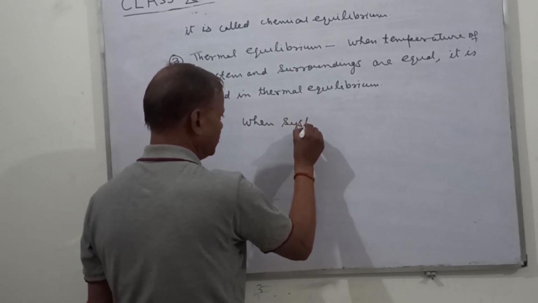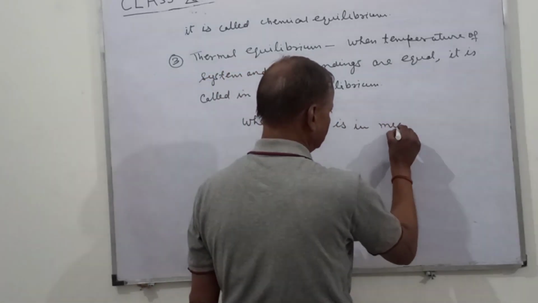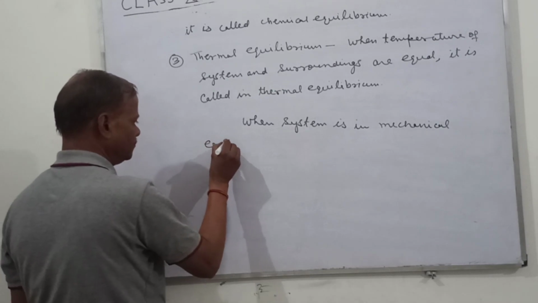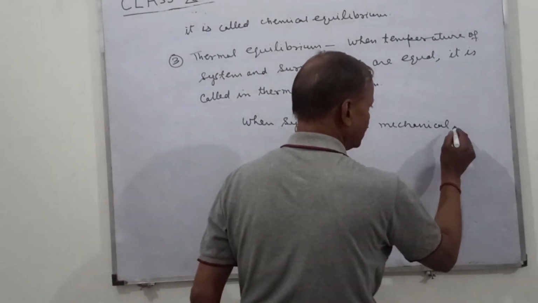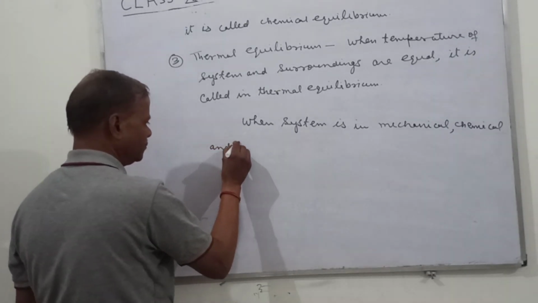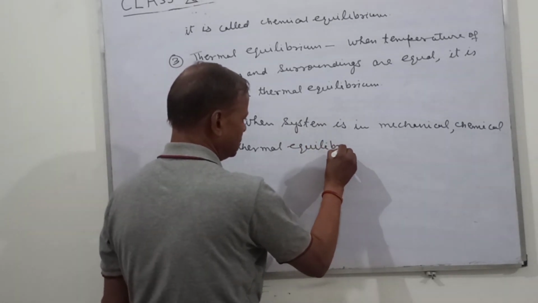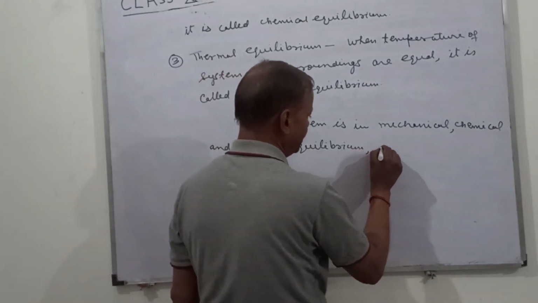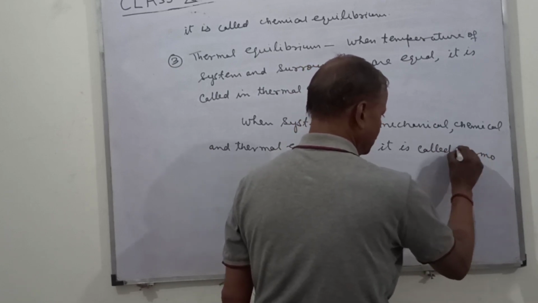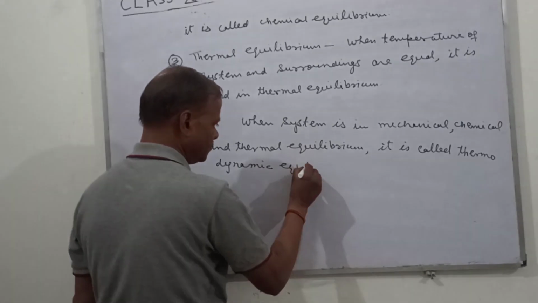When the system is in mechanical, chemical and thermal equilibrium, it is called thermodynamic equilibrium.